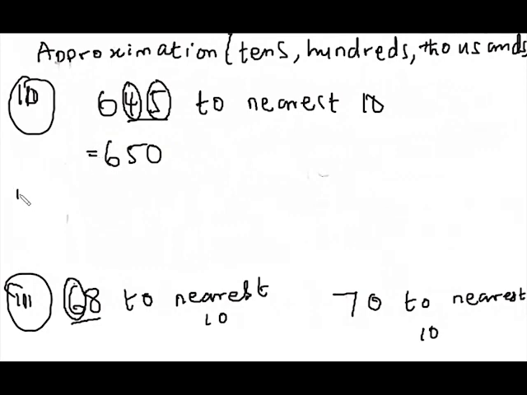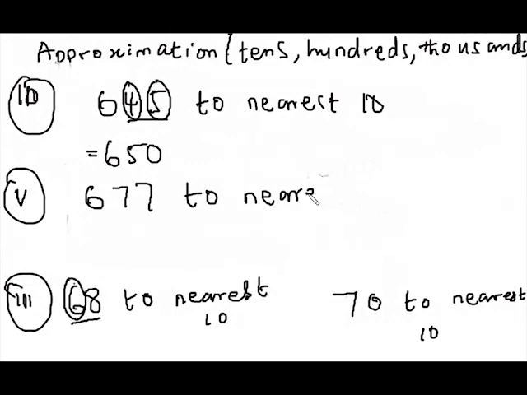Okay, so let's take another example. Fifth example. So we have 677 to the nearest 10. Now I'd like you to pause the video and do this one yourself. Okay, so the idea is still the same thing. We're looking at these two numbers from the right.